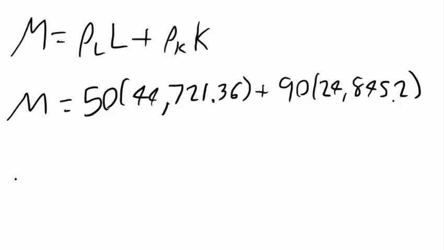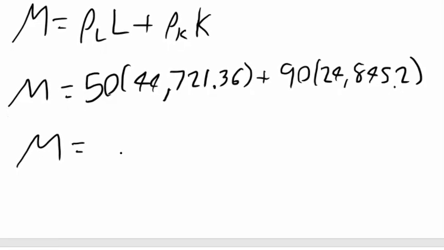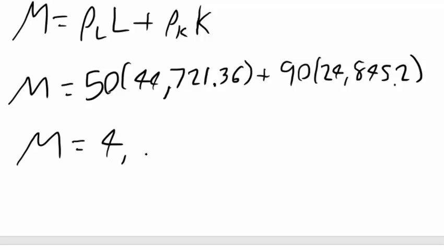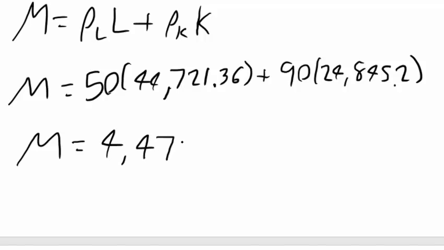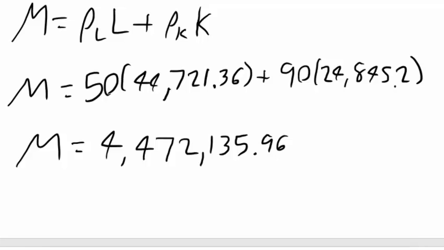And by plugging all that into a calculator, we are left with M equals 4,042,135.96. So this is our budget for our production. This will conclude the video series on production theory.